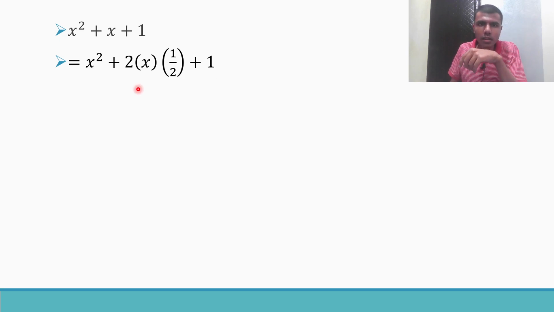Fine. Now next, if you'll observe carefully, this is like a square plus 2ab form. This is like a square plus 2 into a into b. Okay, this is of the form a square plus 2ab. Okay, now to complete the square, I need b square.